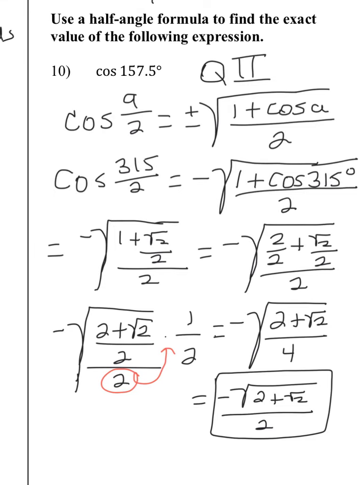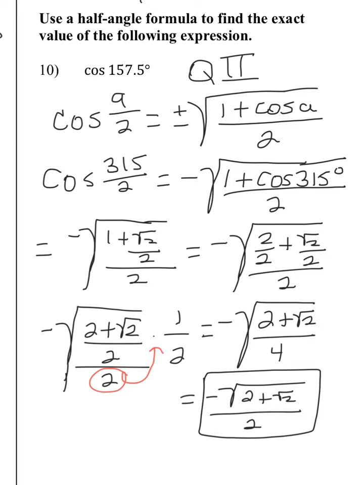First of all, we're using the half angle formula, and we're given only this information right here, cosine of 157.5 degrees. You have to remember that this angle is half of some other angle, and that other angle is what we have to figure out.